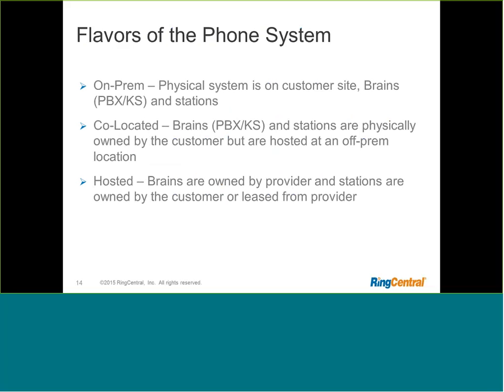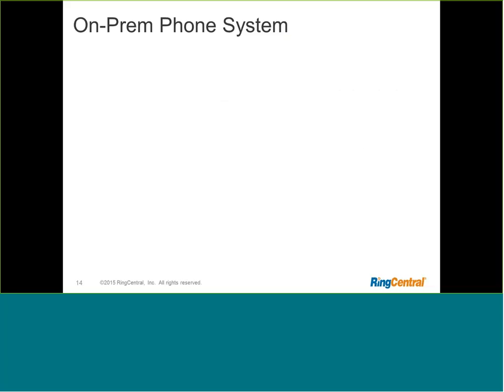And the brains are owned by the provider, and the stations are owned by the customer or leased from the provider. So it's not really clear who owns all the equipment. It can be a little complicated, which makes it difficult to make changes and makes it a very difficult and costly solution to manage and update as you add new employees, need to change call management rules, make any updates. It's not a very easy solution.